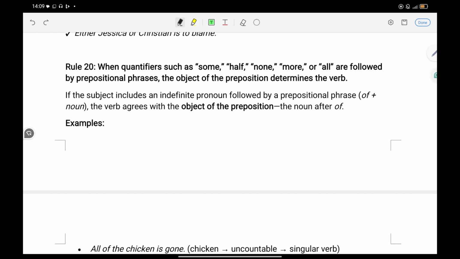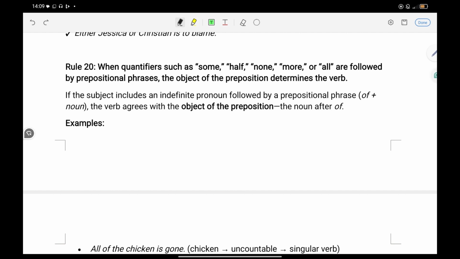Okay, look at rule 20. When quantifiers such as some, half, none, more, or all are followed by prepositional phrases, the object of the preposition determines the verb. If you remember the last time we said the prepositional phrase does not influence the verb, that is because it comes between the subject and the verb.